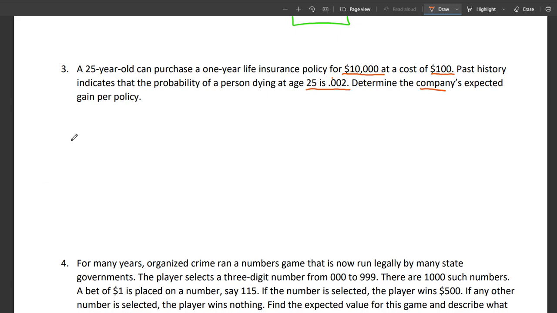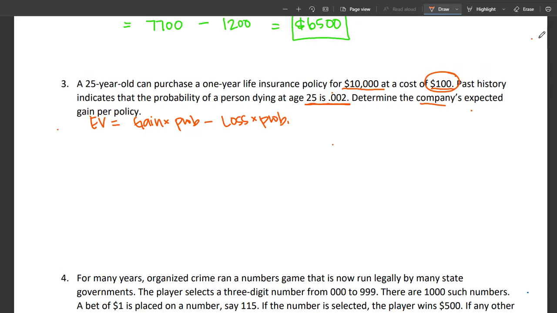So our expected value, we have our gain times the probability minus the loss times the probability. So the probability that they give us is the probability of the person dying, which is 0.002.